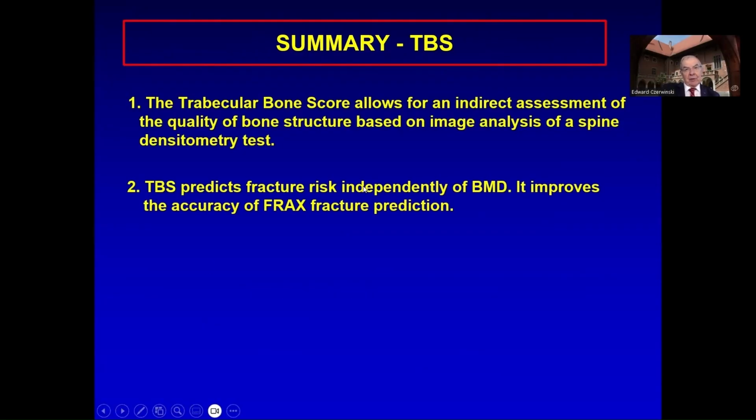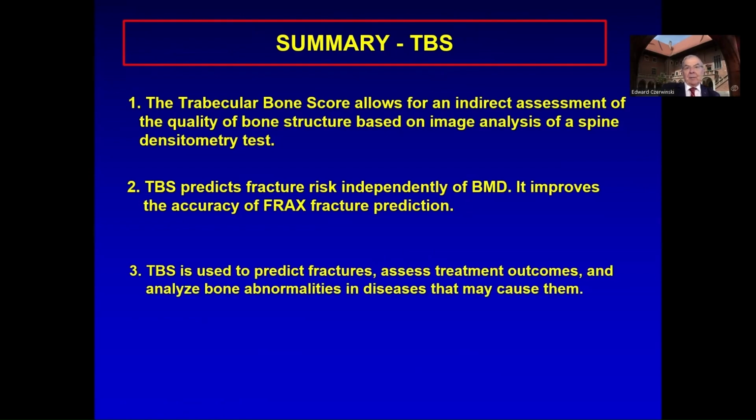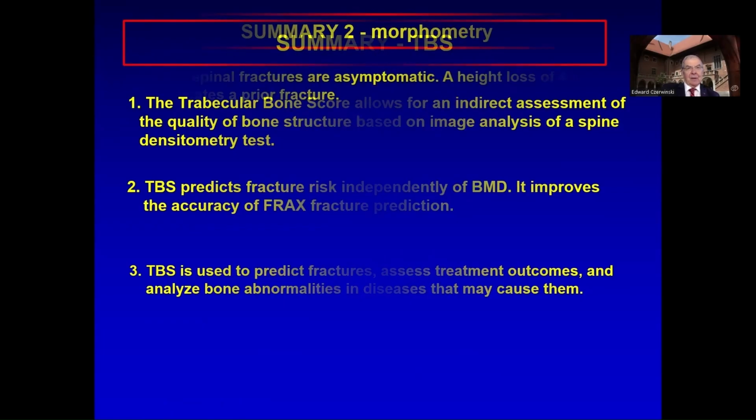TBS predicts fracture independently of BMD and improves the accuracy of FRAX in fracture prediction. And we know that if the TBS is better, the fracture risk is lower, and vice versa. TBS is used to predict fracture, the outcome of treatment, and to analyze abnormality in almost all diseases which touch bones.